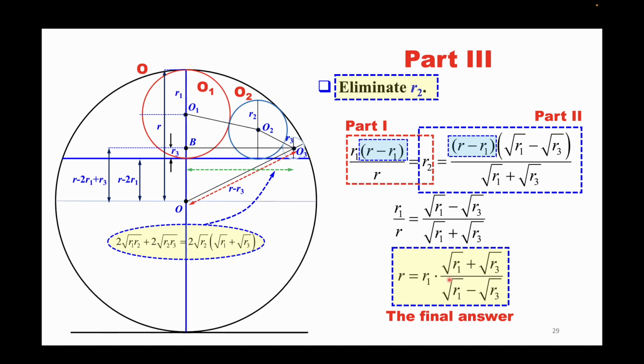So this is the solution to problem 3, representing the radius R in terms of the first circle and the third circle, using the second circle as an intermediate step. Then let's move on to problem 4, which is a variation of problem 3.